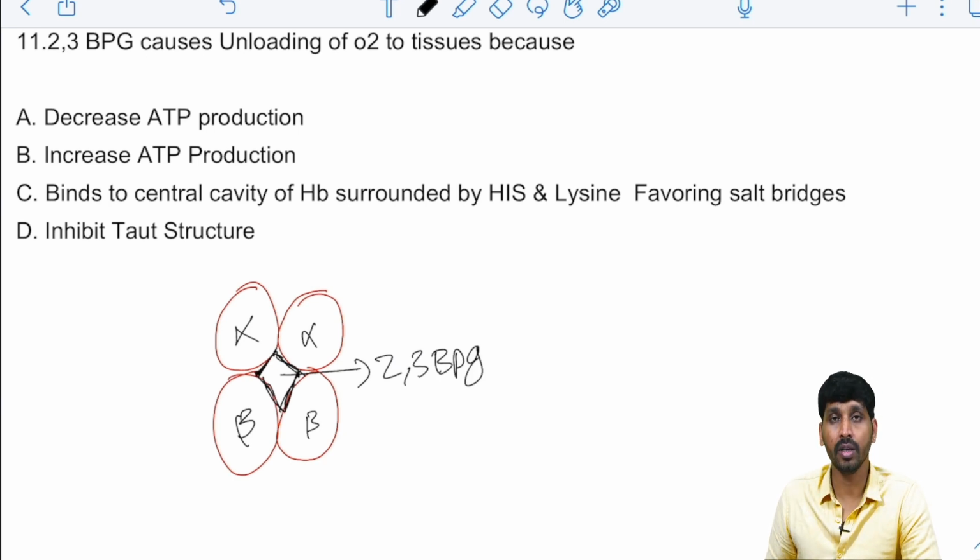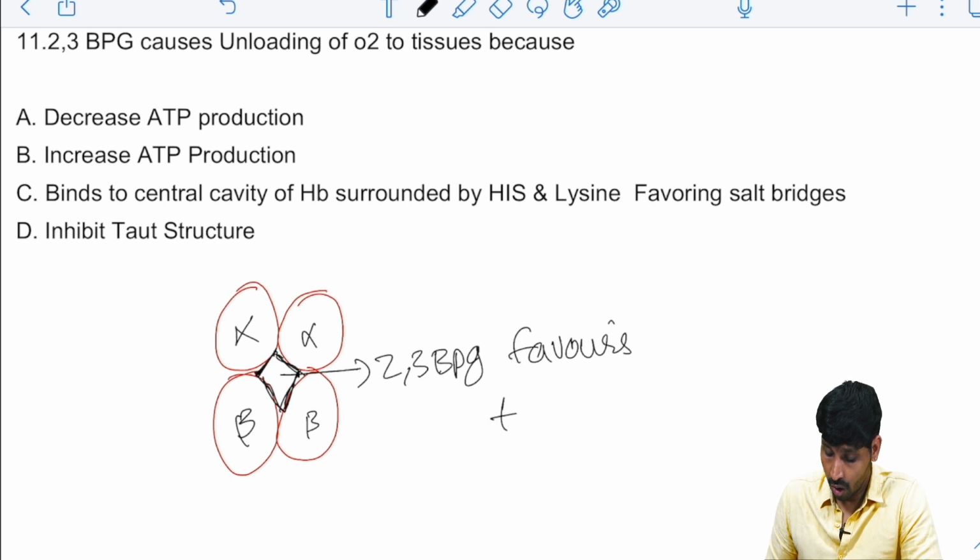2,3-bisphosphoglycerate will go and bind, and it favors the T conformation of hemoglobin.